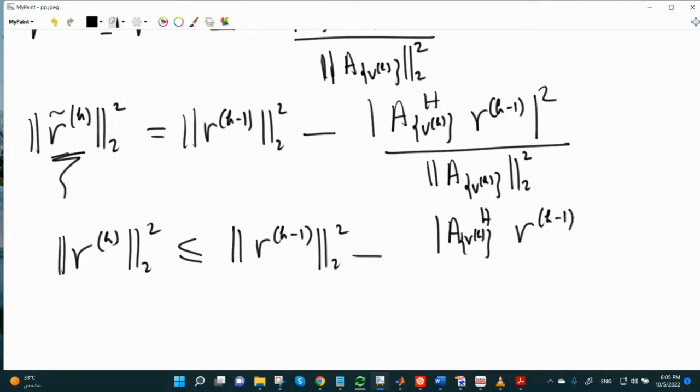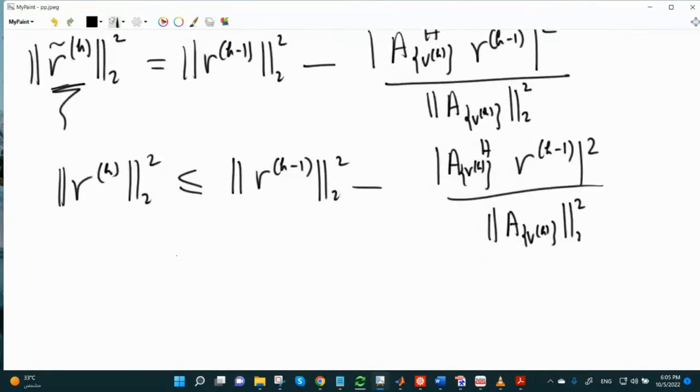And this upper bound tells us that the L2 norm squared of the residual at iteration K is less than or equal to the L2 norm squared of the residual at iteration K minus 1 minus a number. Note that this L2 norm squared is strictly less than this L2 norm squared if this inner product is non-zero.